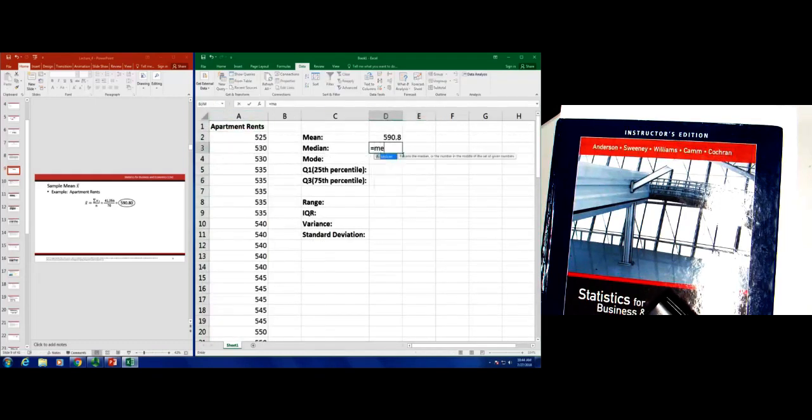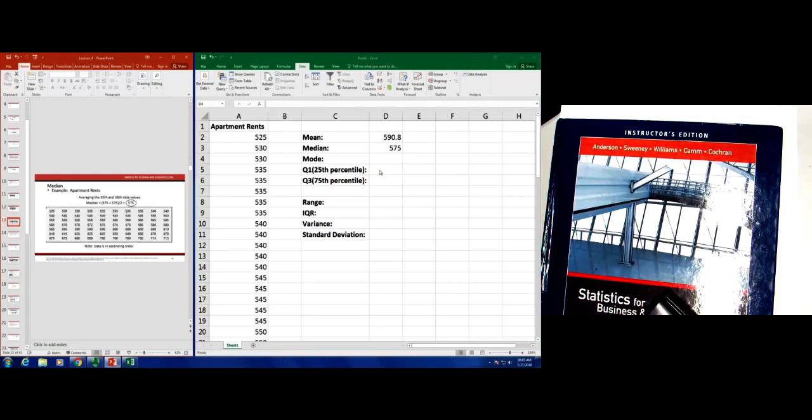Now the median, we say MEDIAN, and apartment rent automatically selects it. Median is 575. Mode is 550.